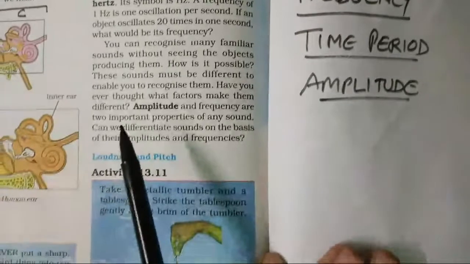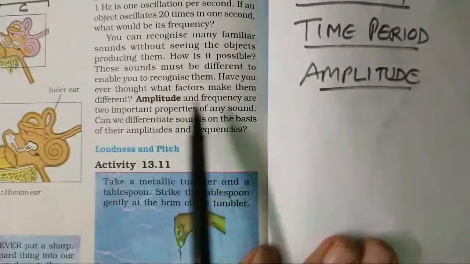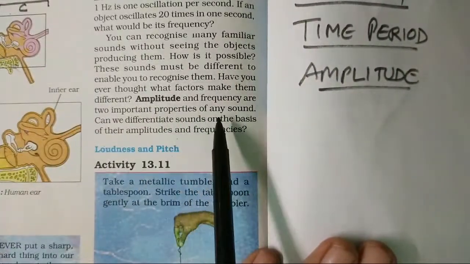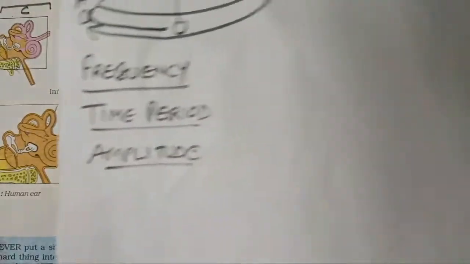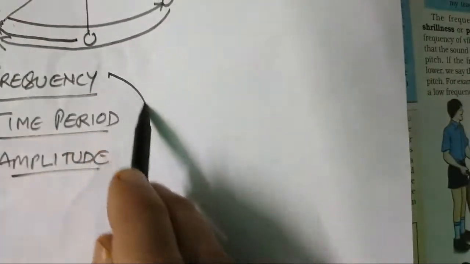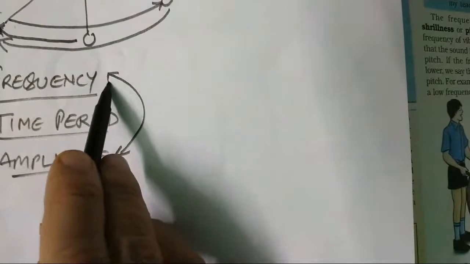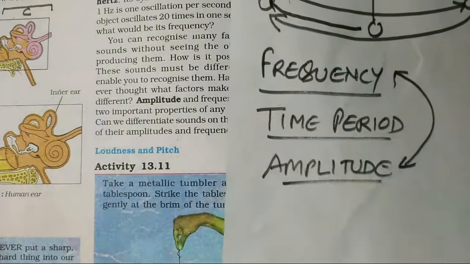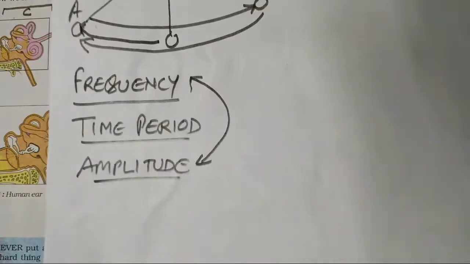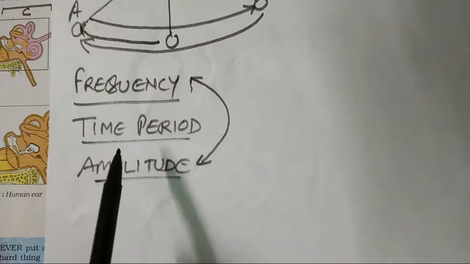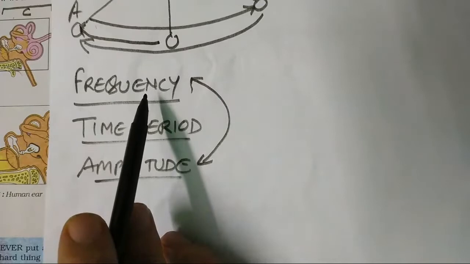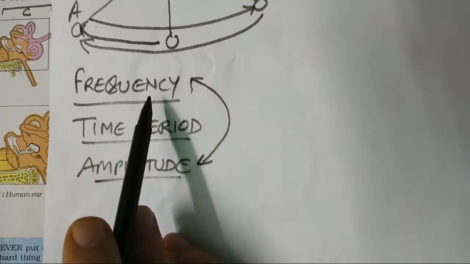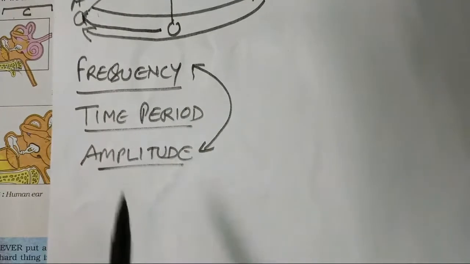Now, a very important part: amplitude and frequency are two properties of any sound. They are important factors related to sound. Frequency we did. Time period is the time taken to complete the number of oscillations. But what is amplitude?